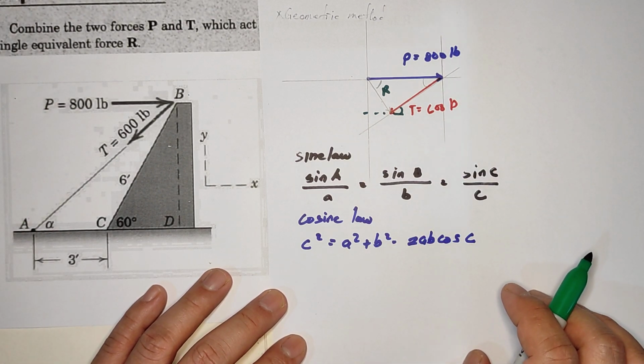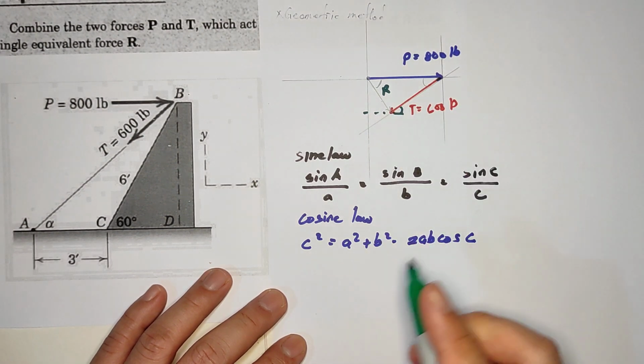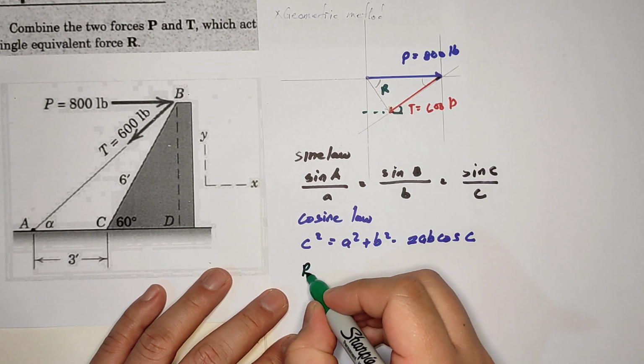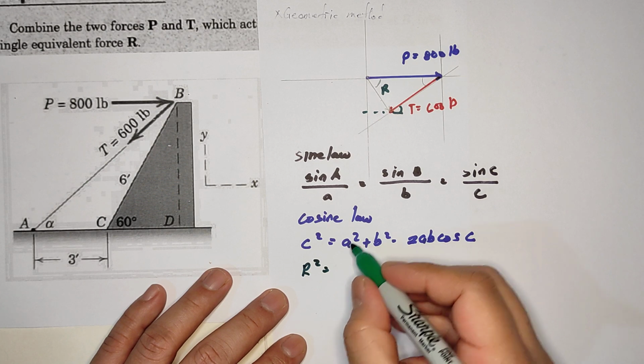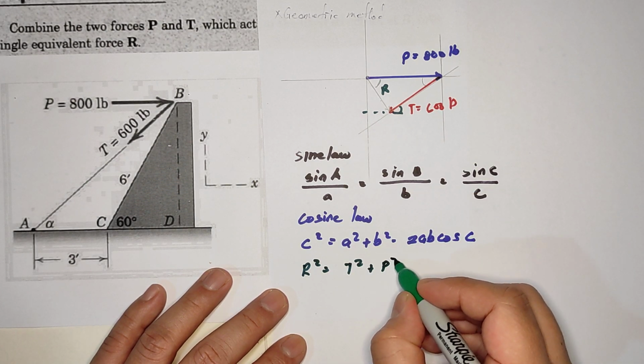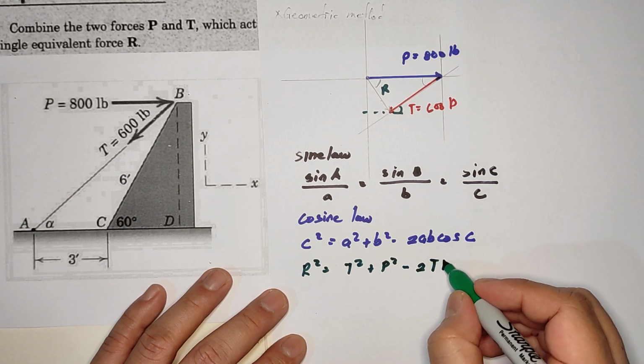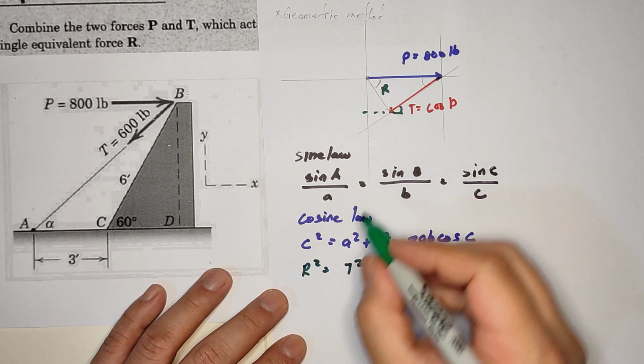In this case, let's try cosine. If this is R, you have R squared equals T squared plus P squared minus 2TP cosine of this one.